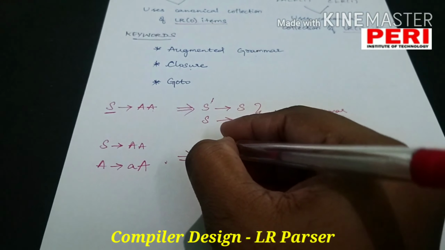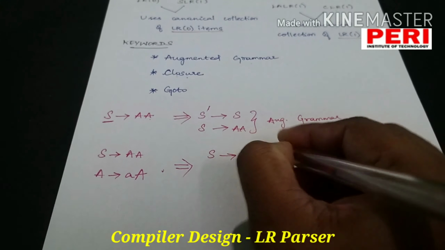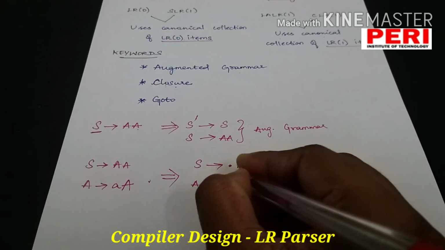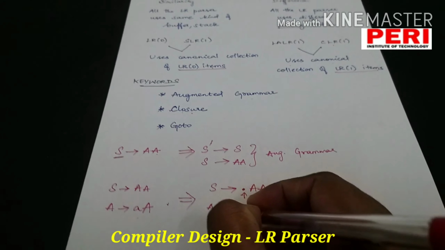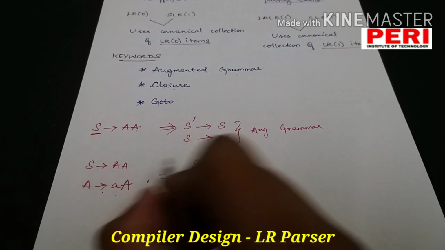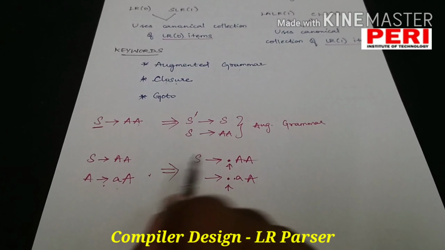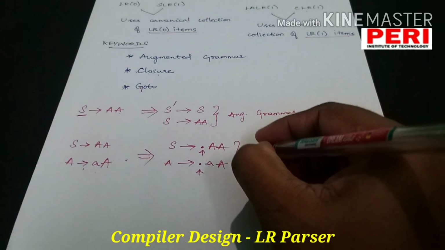Closure is S tends to dot AA and A tends to dot aA, which means the difference between these two is that I have just added a dot sign in front of the right hand side of the production. So this is my plain grammar and this becomes my closure, just by adding a dot sign to the right hand side of the production. This is called closure.